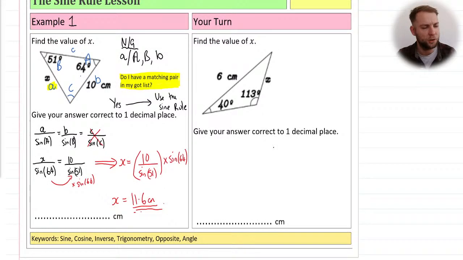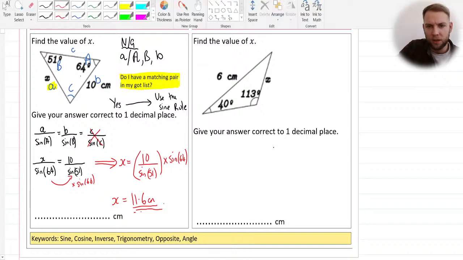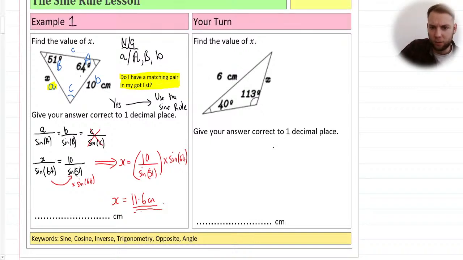Okay, so let's have a little look at this one then. First of all, remember, the first thing I've got to do is always label what you want as A. So I want X, so I'm going to label this as little a, which means that this is capital A. I'm going to label this one as capital B, opposite here is little b, and this one here is capital C, opposite here is little c. Okay?